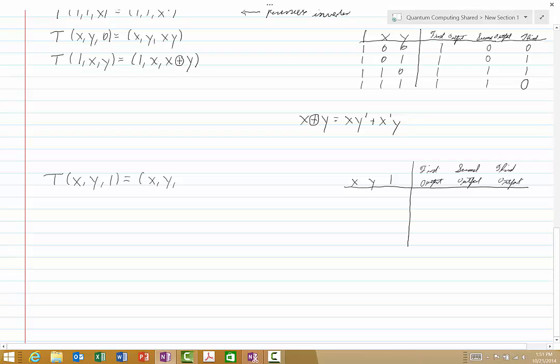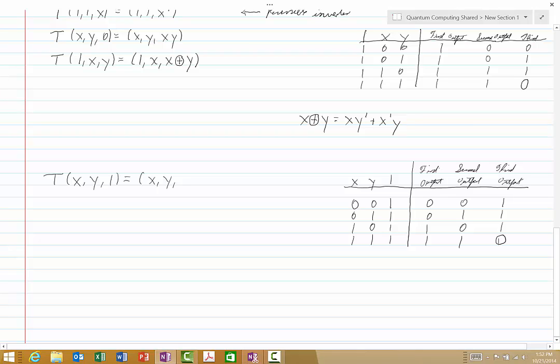Okay, the 1, of course, is always equal to 1. And now we look at the 4 combinations of X and Y. And of course, we know immediately what the first 2 outputs will be: 0, 0, 0, 1, 1, 0, 1, 1. And the last output will always be equal to the last input, except in the last case, and then it will be equal to the inverse of it, so we get 0.